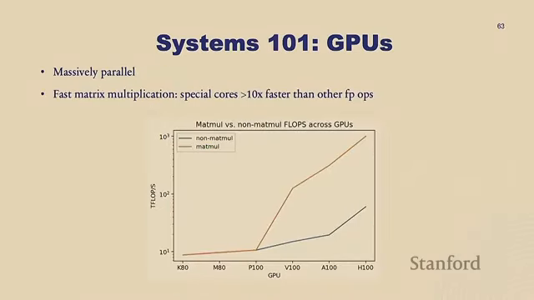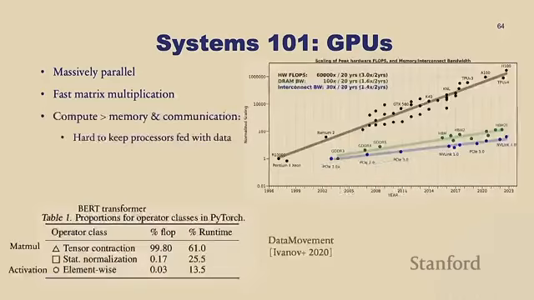GPUs are optimized for fast matrix multiplication. Every time you do something on a GPU, if you can do it with a matrix multiplication, it's going to be 10 times faster than with anything else. That is a little bit annoying because it means that we are bottlenecked to doing everything with matrix multiplications. Another thing to note is that compute has been improving faster than memory and communication.